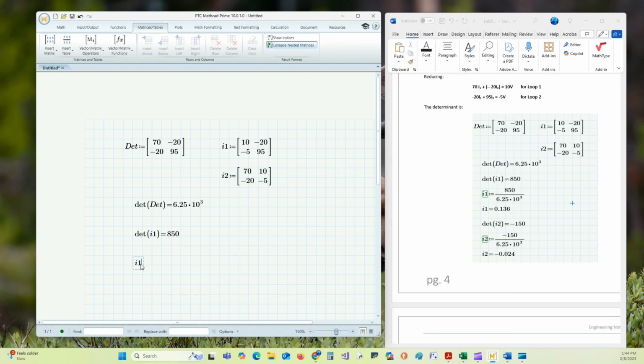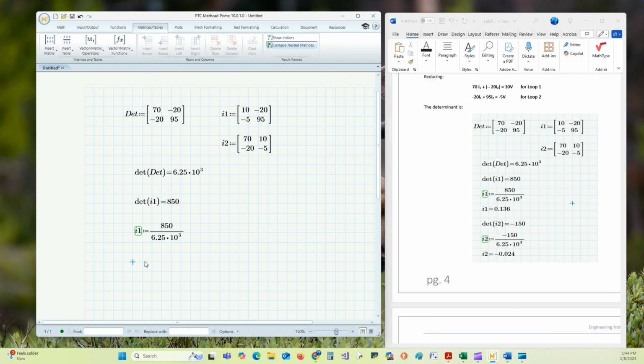I1, shift colon, equals 850 divided by 6.25 times 10 up caret to the third power. Come down here, that says that equation good. Type I1 equals, and that's your current.